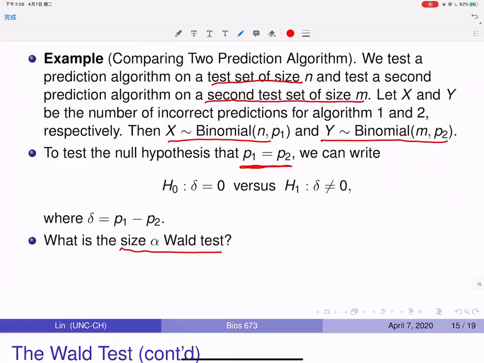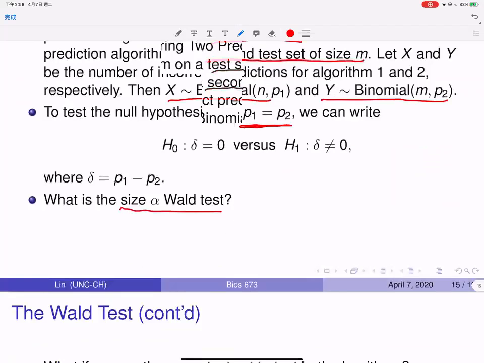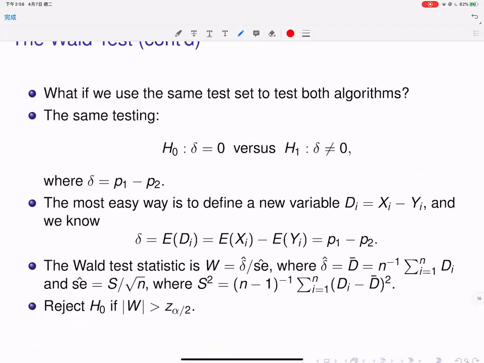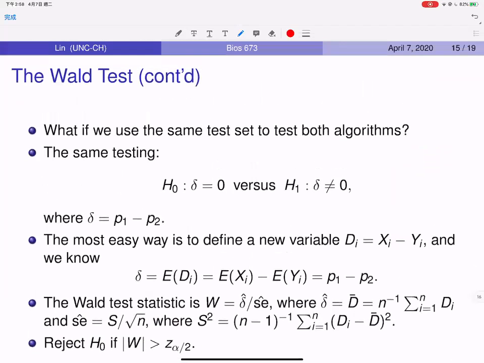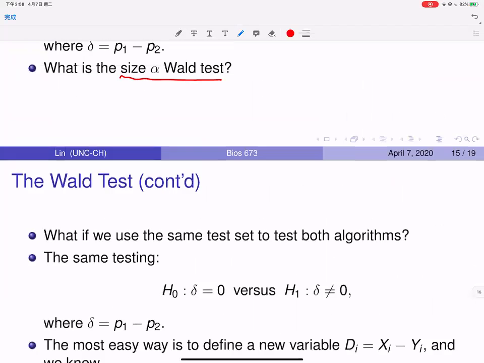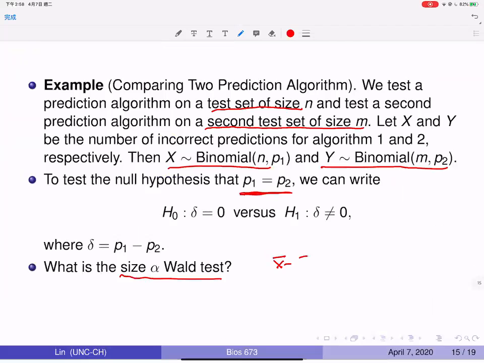Easy, straightforward. Really it's nothing but X bar minus Y bar, minus theta 0, P1 minus P2.